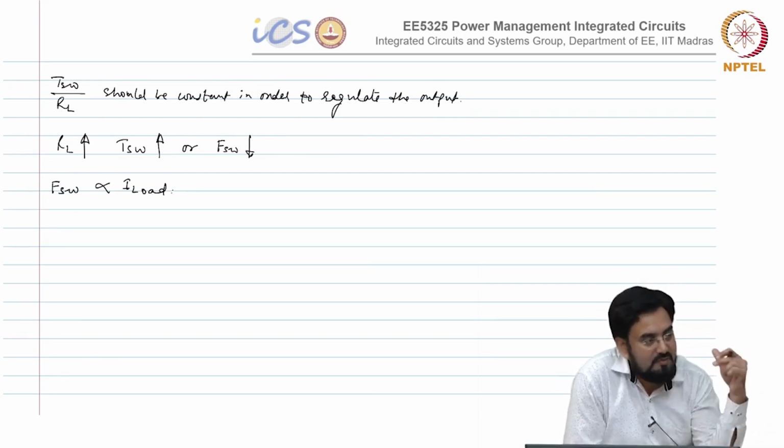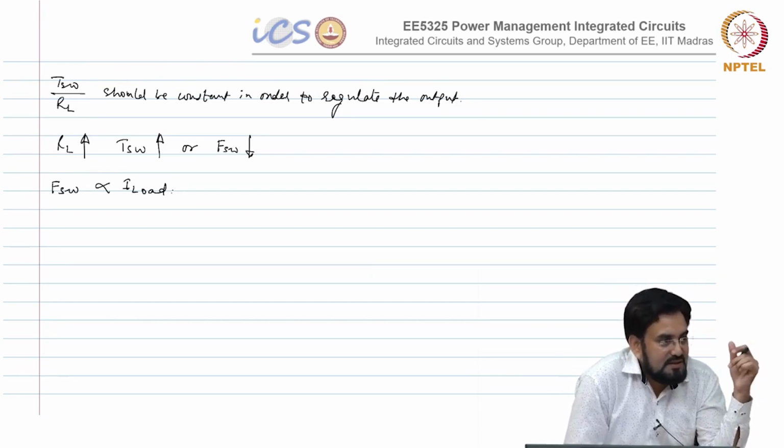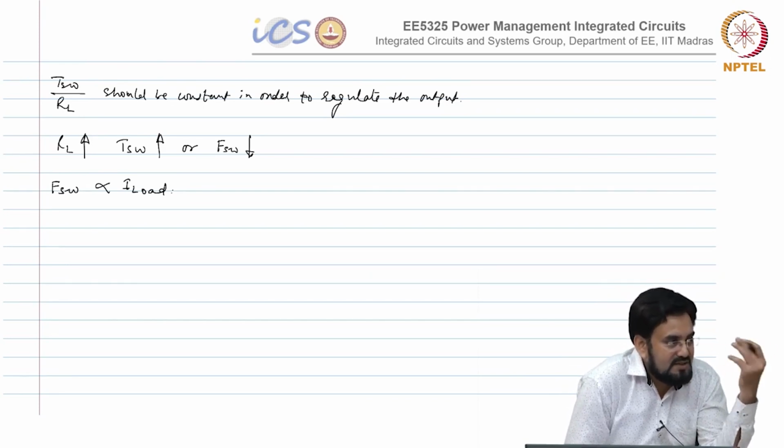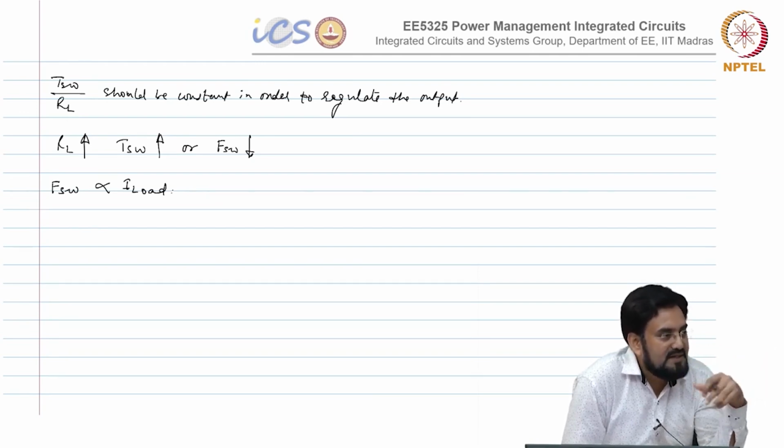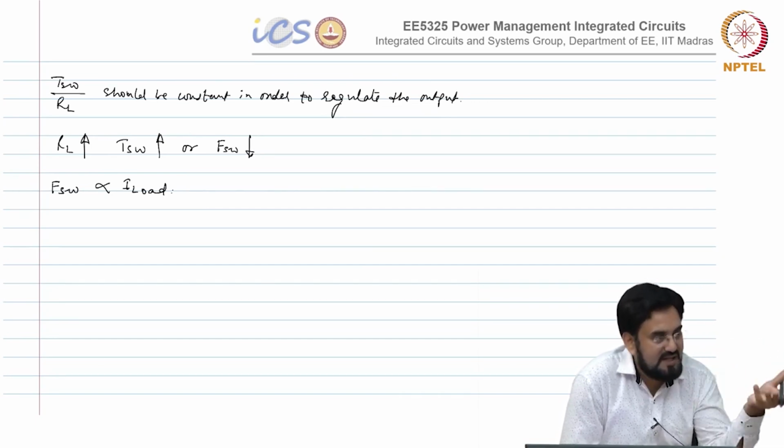Now, if you remember, go back to your losses. At light load, your switching losses start dominating. So, we have to reduce the switching frequency in order to improve the efficiency or reduce the switching losses. If you operate in DCM, you automatically get that, because in order to meet the regulation, your frequency has to be reduced.